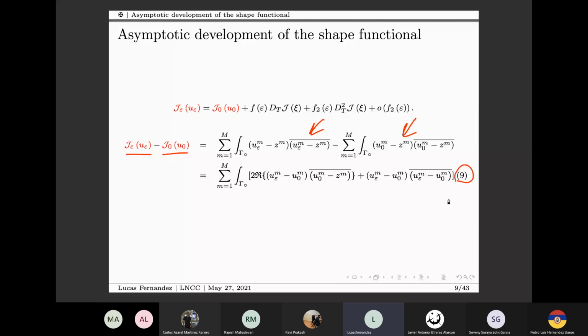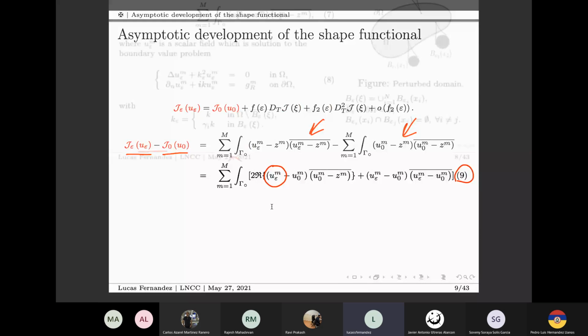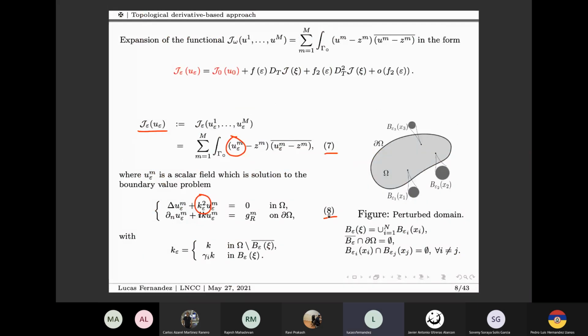Since I'm looking for an asymptotic expansion with respect to epsilon, I need to manipulate the scalar field u epsilon, because this is the only quantity here carrying the small parameter epsilon, right? And note that we are not able to solve problem 8, the boundary value problem 8, analytically, because it's written in terms of a general reference domain omega.